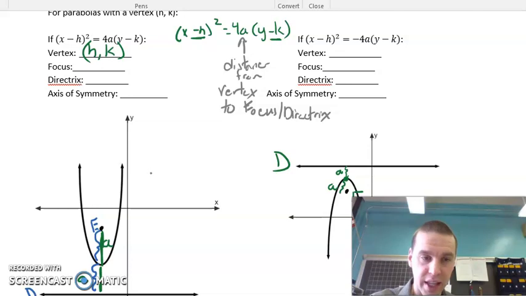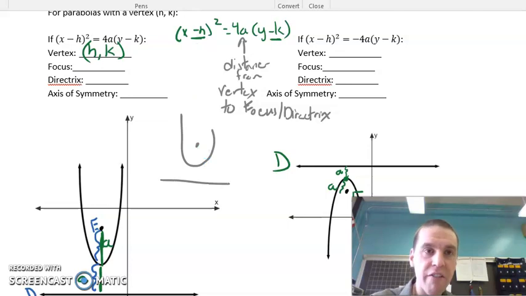The focus then, let's talk about this. If I have a parabola and the focus is here and directrix is here, that focus has the same x value of the vertex, so still h, but now moved up in this case.